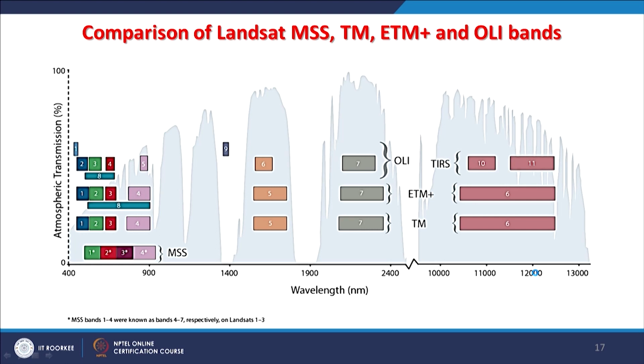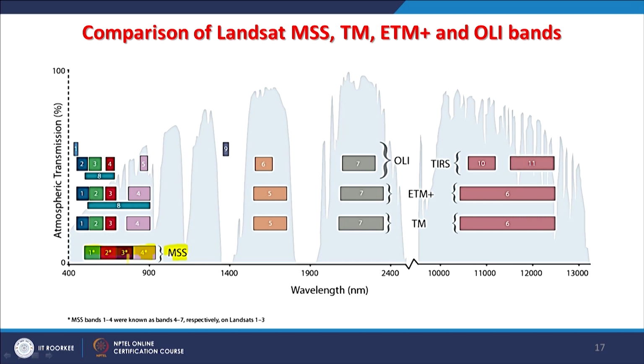Also, regarding spectral resolution, you can see in this comparison that in the visible part there are many channels in the Landsat MSS, TM, ETM and Landsat OLI series. MSS had continuous but relatively broader bands.